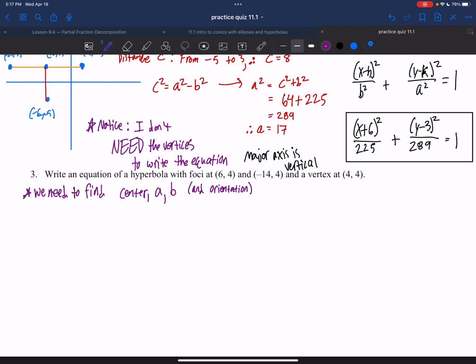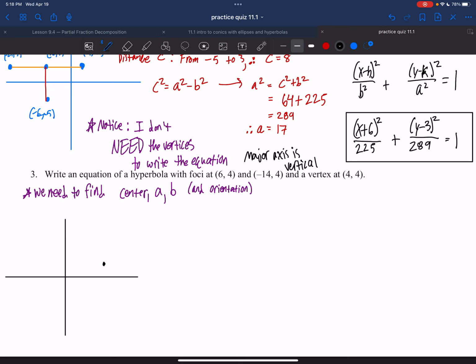So here we go. Let's draw our graph again. Write an equation of a hyperbola with foci 6, 4, and negative 14, 4. I draw a line like so, and another line like so. 6, 4. Let's put that about here.